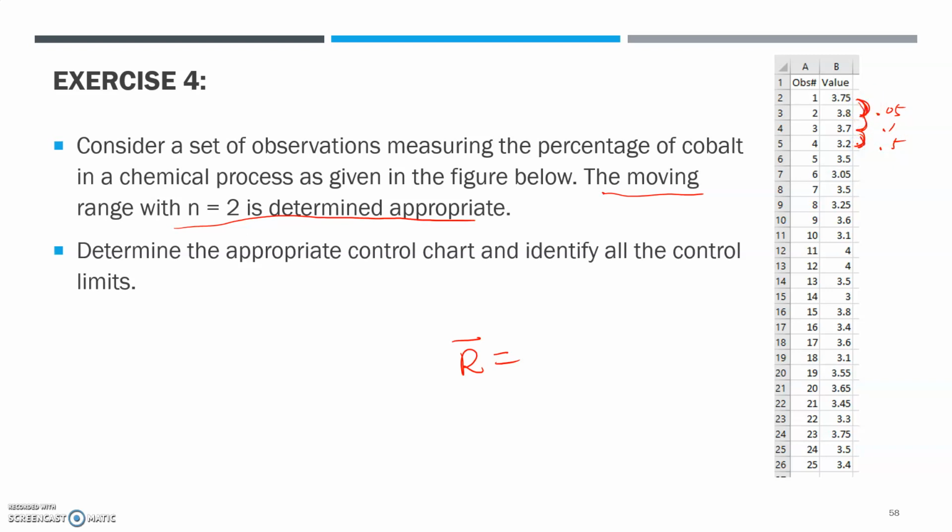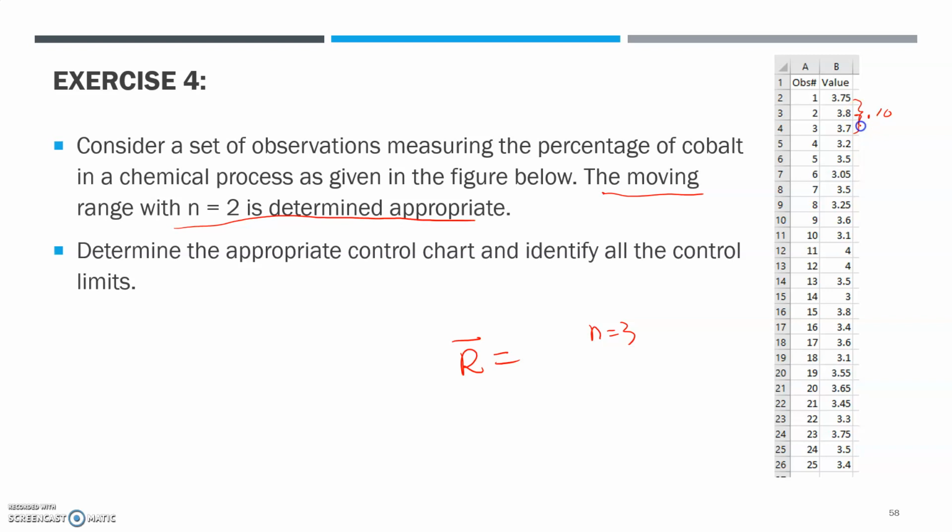If you pick n equals 3, that means you pick 3 numbers as a group, and here the range is going to be 0.10.